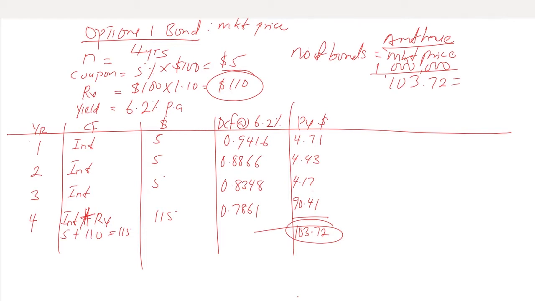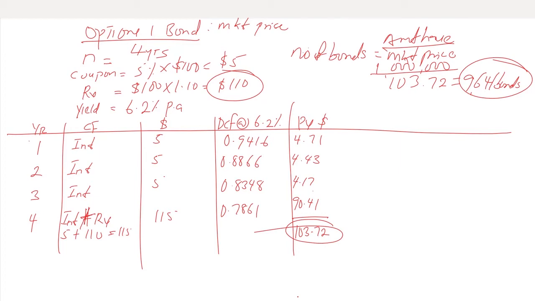How many bonds can they buy? So I'll do 1 million divided by 103.72. So they can buy approximately 9,641 bonds. So this is how you get the number of bonds, the amount you have divided by the market price of the bond. So if they're buying option 1 bond, they can buy 9,641 bonds.